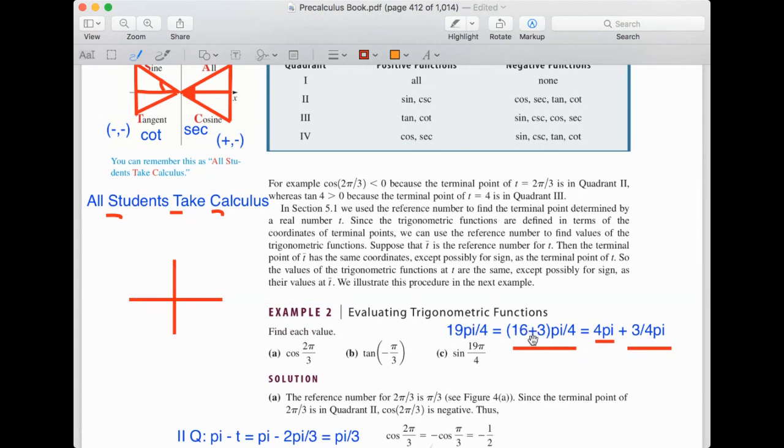What we're taking is the smallest one. We're taking this smallest number, so 3 over 4 pi. So for 19 pi over 4, we can use 3 over 4 pi to speak for it. This is representative, because 4 pi was just running around 2 circles. The coterminal is the same.